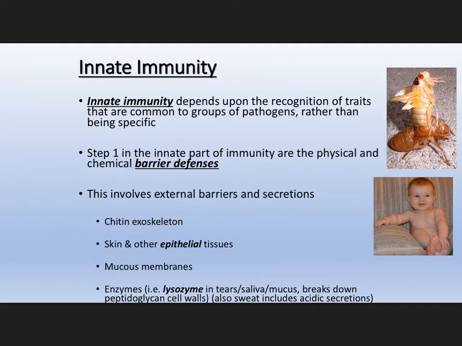This slide we're going to go through very quickly, because your innate immunity begins with barrier defenses. What the innate immune system does is recognize traits that are common to all pathogens, so it is just a way to keep everything out.